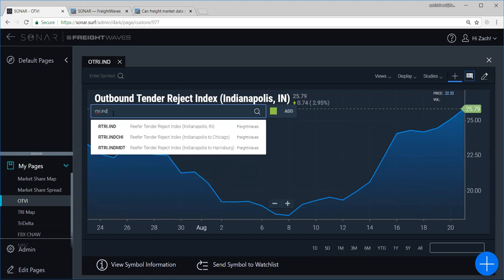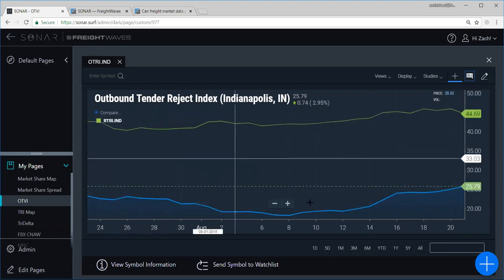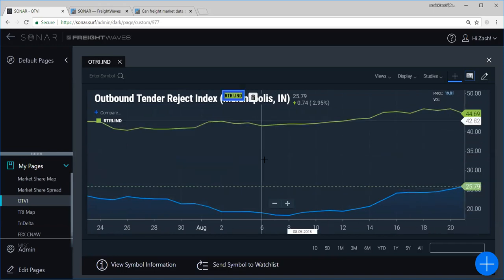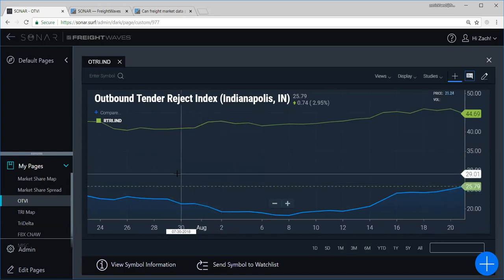So it's not going to be as prevalent as, say, the van, which is the majority of the trailer type in the country and the type of freight. But the first thing I'm going to do is start trying to divide it up into trailer type, and I'll compare rtry to the overall one, and it might actually be better. This is a good example of where your scale might screw this up a little bit.